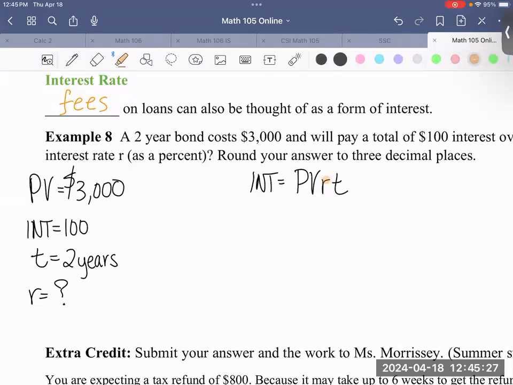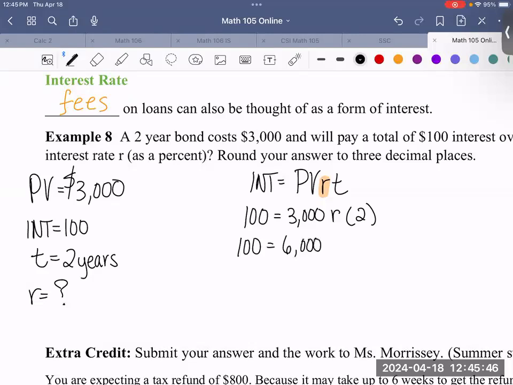Now, we don't have this R, but we can go ahead and plug everything in if we wanted to. $3,000 times R times 2 years. Now we can go ahead and multiply the 3,000 and the 2 on one side to get 6,000 R, and we want to get this R alone. So we're going to divide by $6,000.